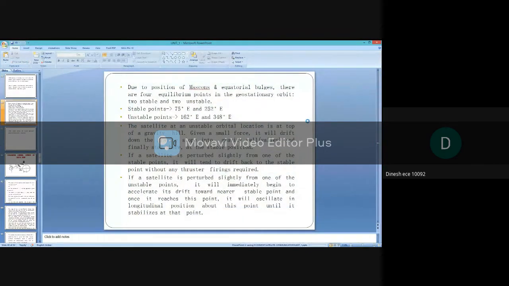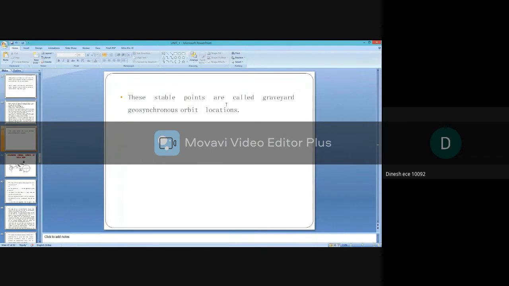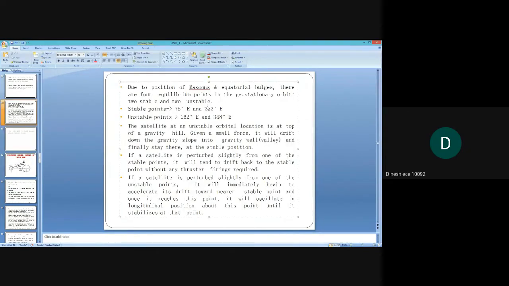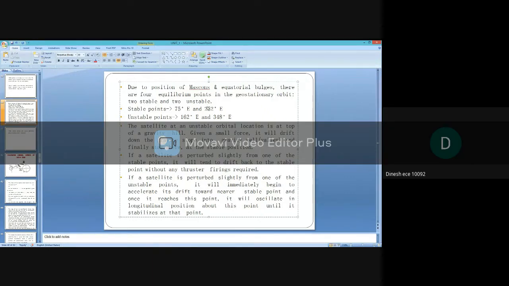They have found that due to the position of the mascons and the equatorial bulges, there could be four equilibrium points in the geostationary orbit: two stable points and two unstable points.